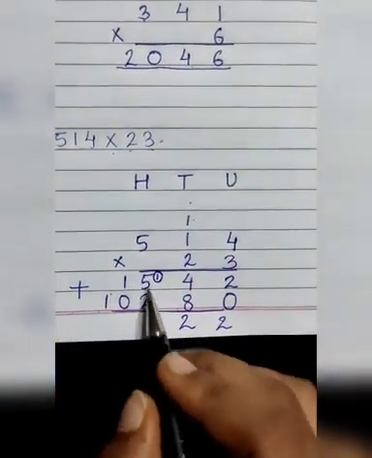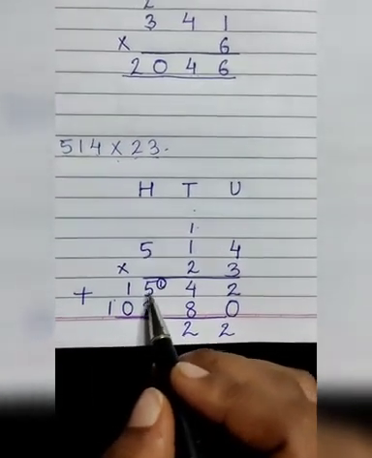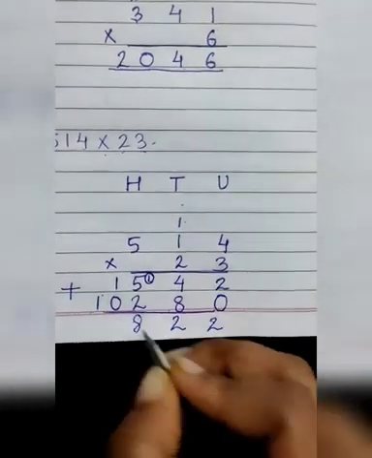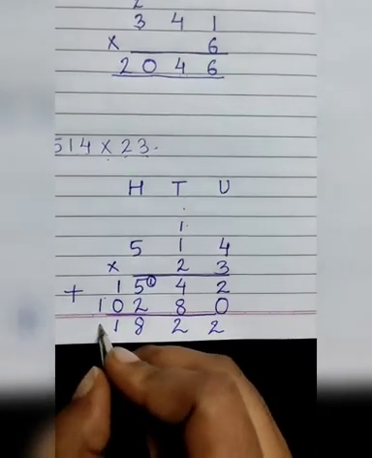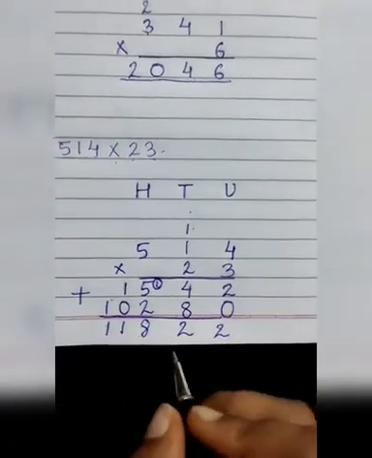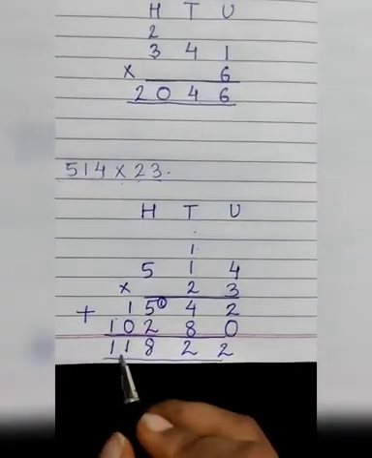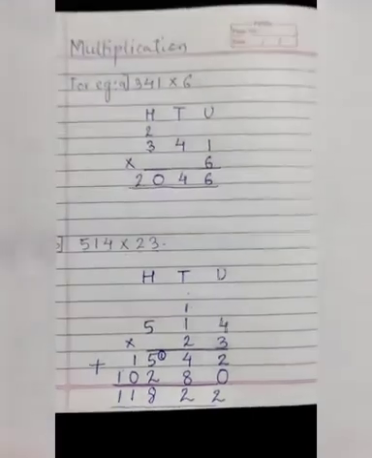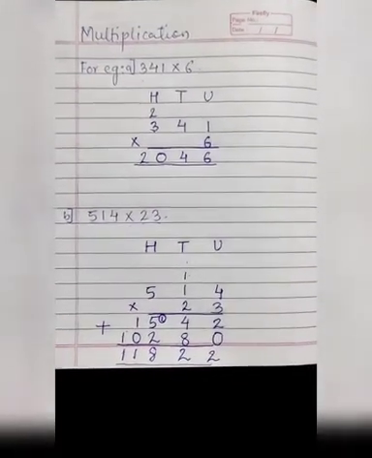If we are adding these two numbers, we will do the carry over here. 1 plus 5 is 6 and 6 plus 2 is 8. Then 1 plus 0 will be 1 and 1 we will write as it is. So your answer is 11,822. So this is the way you have to solve your multiplication sum.